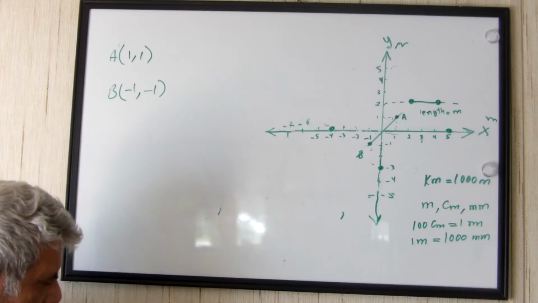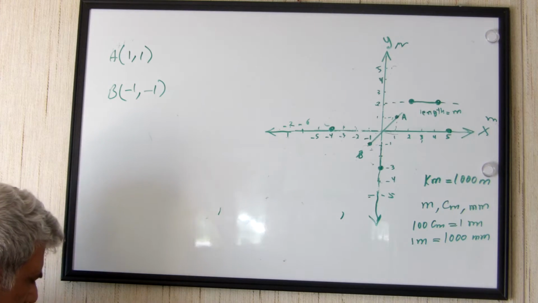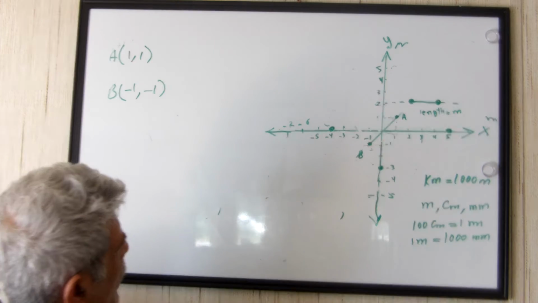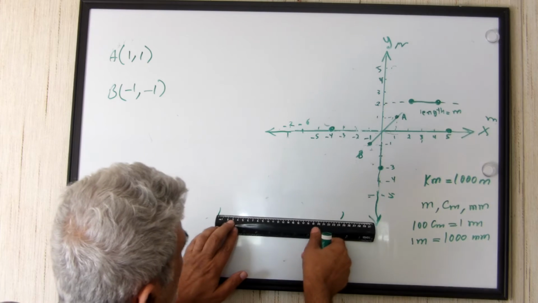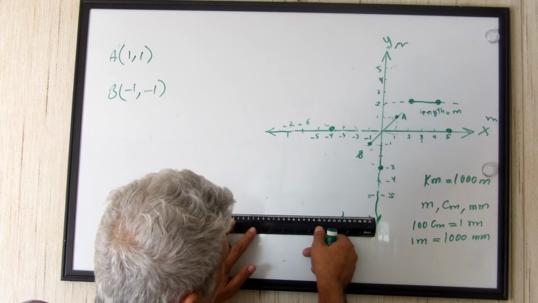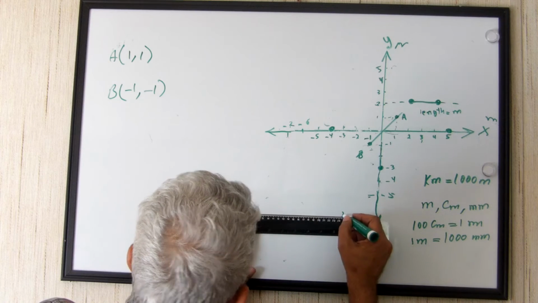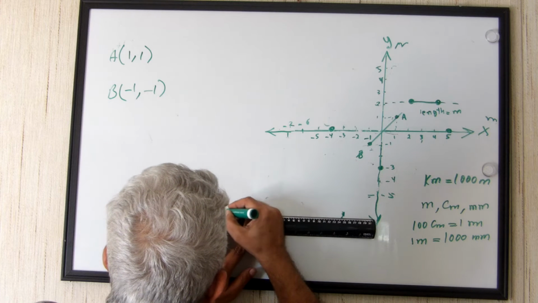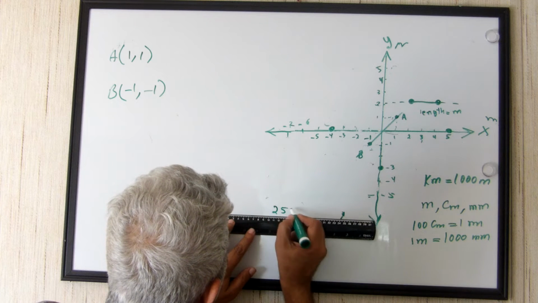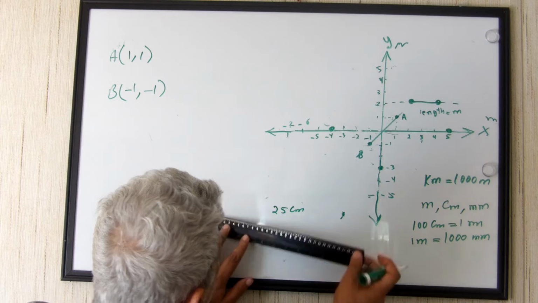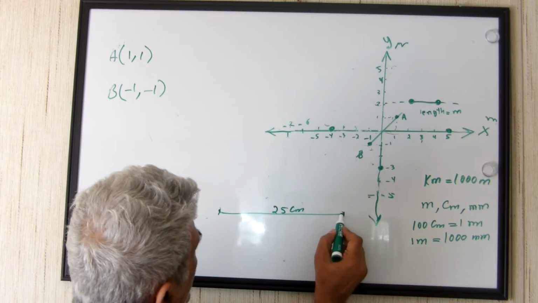We have a ruler here in centimeters, millimeters, and inches. We are going to talk about centimeters. It's about 25 centimeters from here to here.